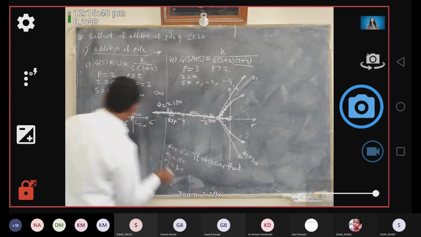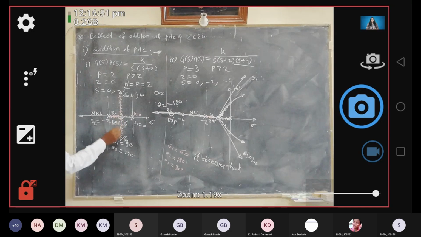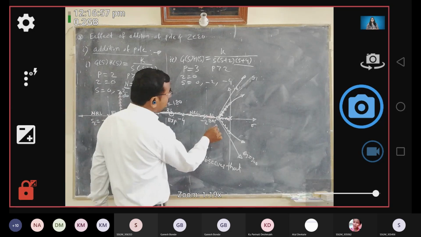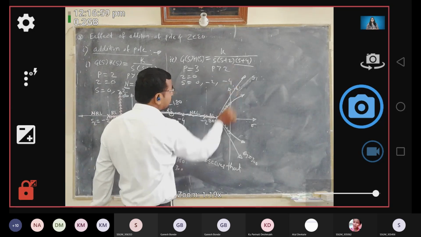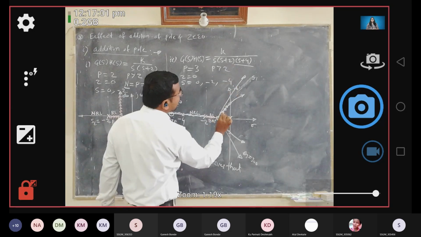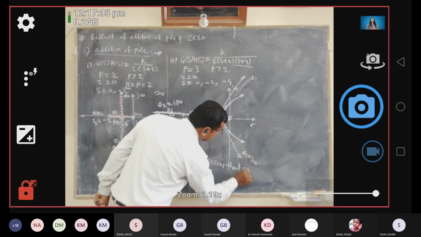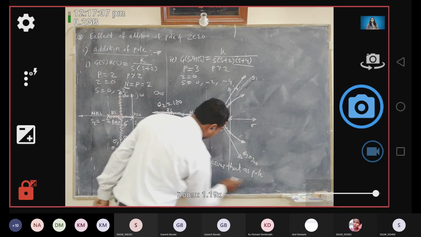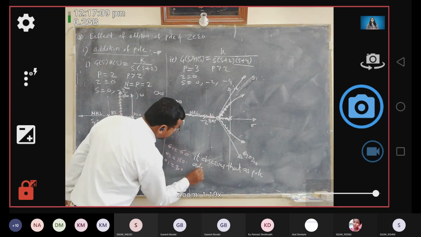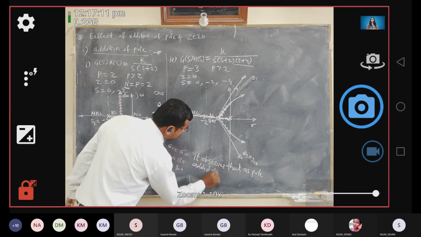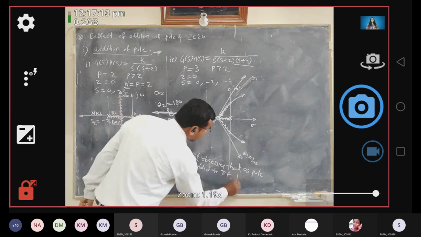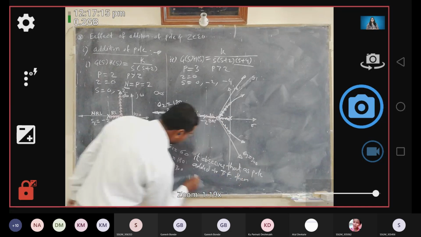Here in the first case, you see these two root locus branches never approach the imaginary axis. But in this example, as we add a pole into the transfer function, these root locus branches start moving towards the imaginary axis.